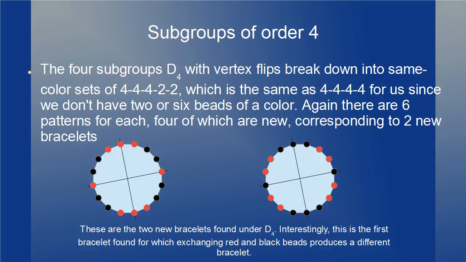Again, there are 6 patterns for each, 4 of which are new, times 4 subgroups for 16 new arrangements, divided by 8 arrangements per new bracelet in these subgroups, yielding 2 new bracelets with symmetry under these subgroups. Interestingly, this is a pair of bracelets for which exchanging red and black beads gives the other bracelet. One might actually mistake these for the same bracelet, but they are different, because the 3 same color beads in a row is black for one and red for the other.